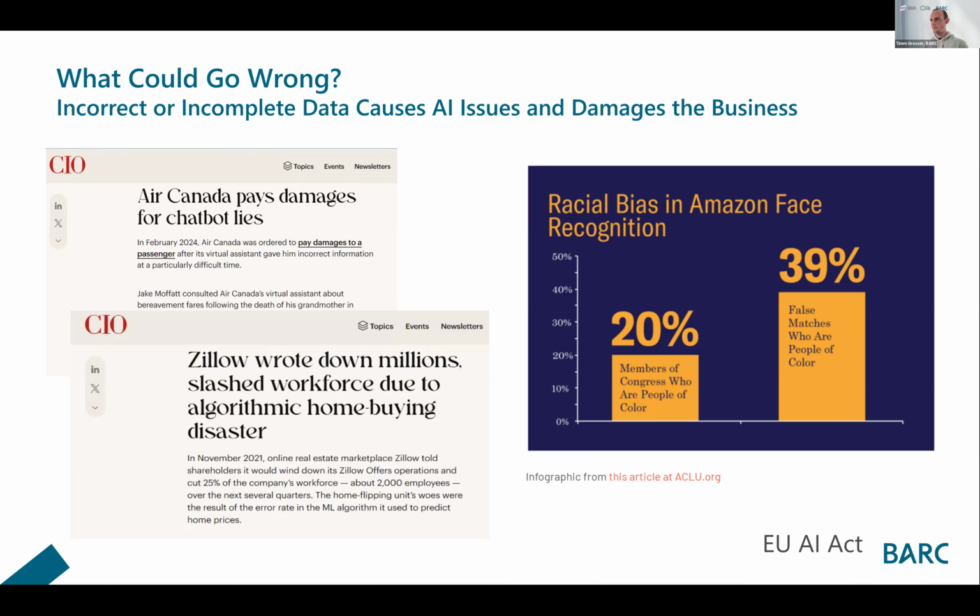It was at the time when COVID came up, and they wanted to reduce the interaction between persons. What finally happened is this AI bought homes for higher prices than Zillow was able to sell them for. And finally, they are now planning to lay off 2,000 employees, and that's really dramatic. And on the right-hand side, you see an example of racial bias. So if you get wrong data quality here, that could be really, really misleading.